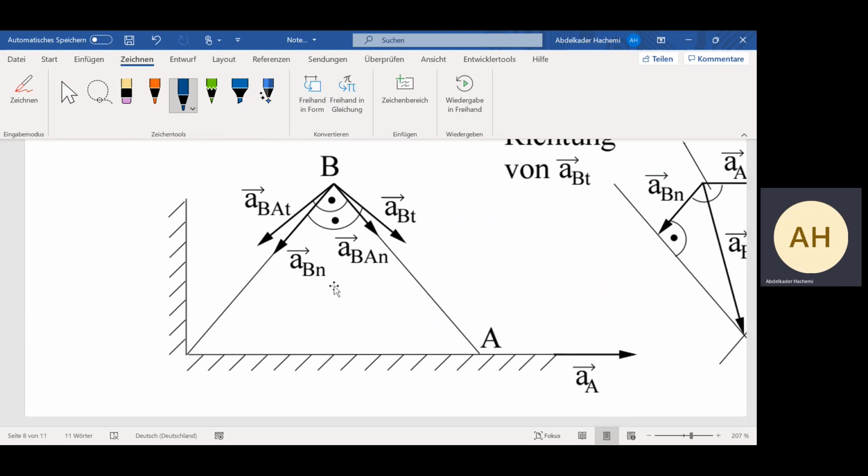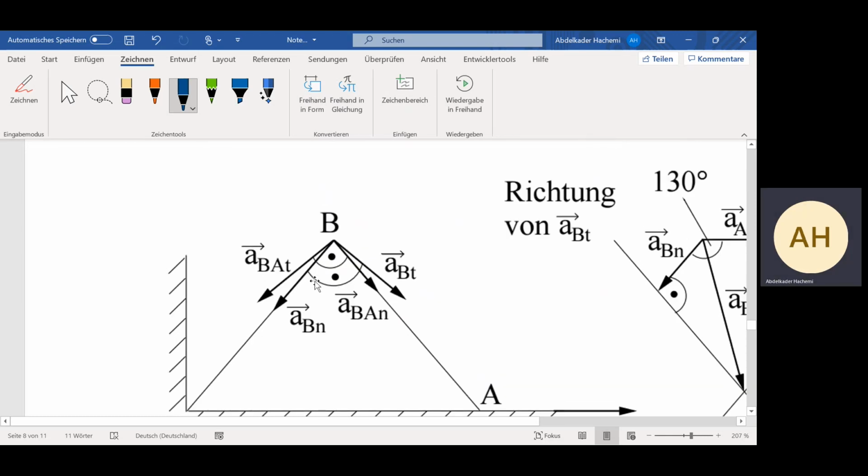That's what we have. We know that the acceleration is only the sum of three components.